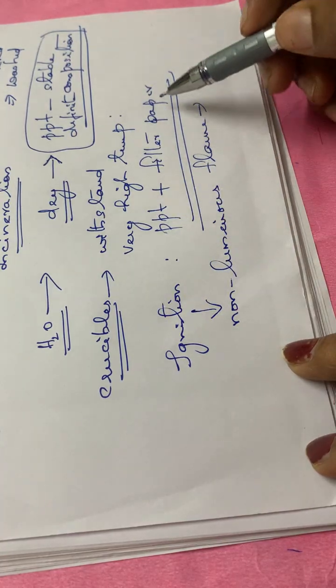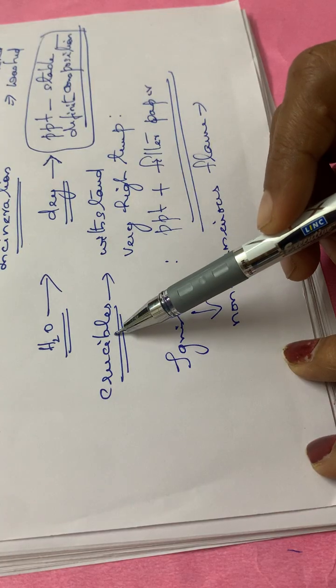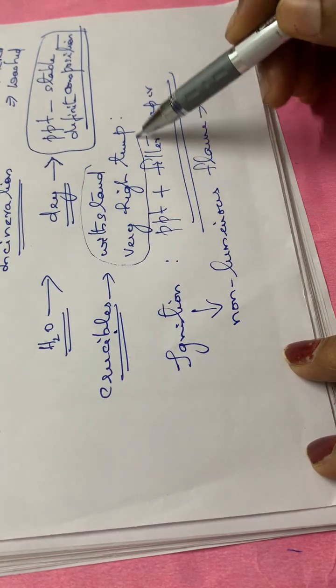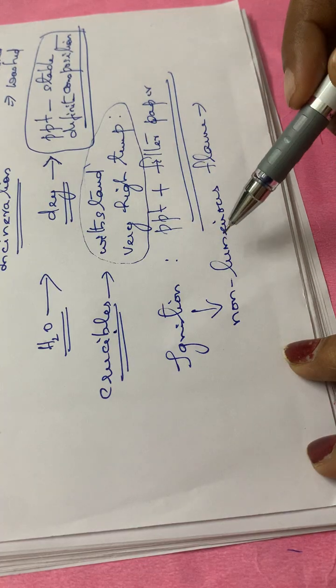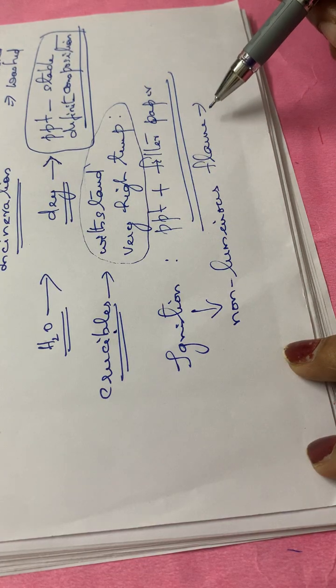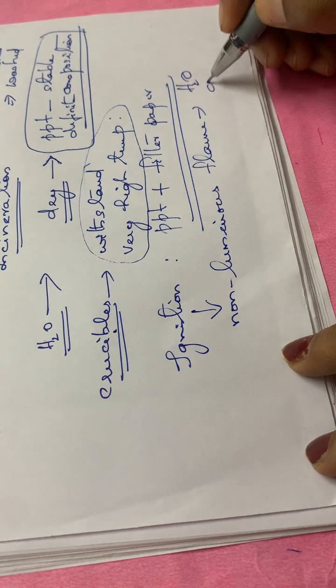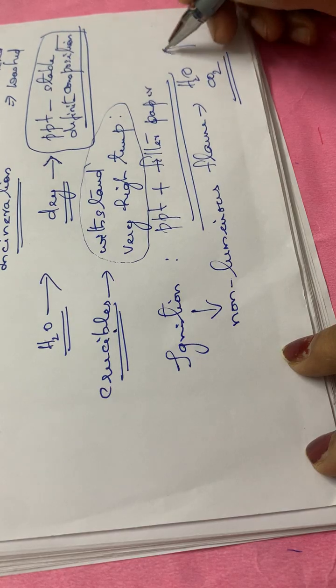That is, we fold the filter paper and precipitate and keep it in a crucible, a silica crucible or a sintered crucible, which can withstand very high temperature. So we are igniting the precipitate in a non-luminous flame, so that if water or carbon dioxide is present in that particular precipitate, it will be driven off.